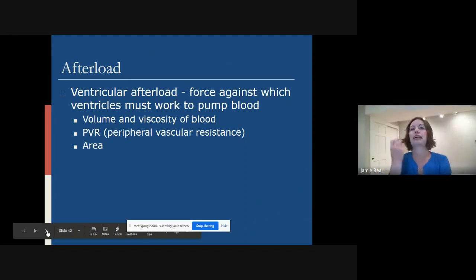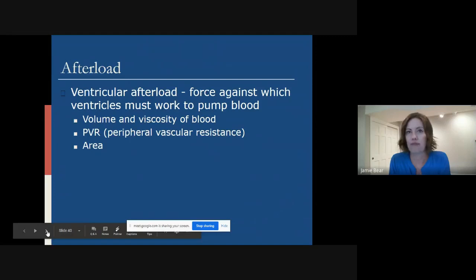Our afterload has a lot to do with our vascular resistance. When the ventricle creates that contraction, how hard does it have to work? The more resistance in our blood vessels, the harder that myocardial ventricle has to work. So the volume of blood and the viscosity of blood, which is the thickness of the blood, matter. That goes back to the red blood cells, so how many red blood cells there are. If there are not as many red blood cells, we'll have thinner, less viscous blood.